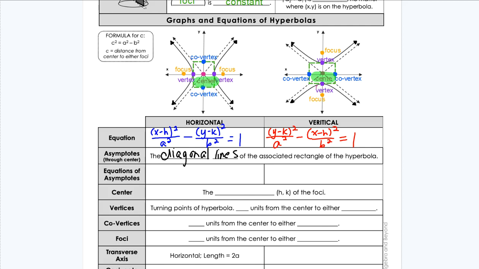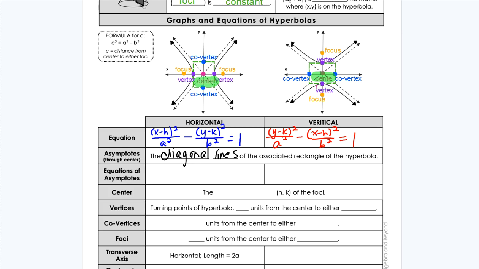When we draw the diagonals of those rectangles, we create asymptotes. Remember, asymptotes are lines that our graph will never cross. You can see how that creates that almost X shape of the curves of the hyperbola. Those asymptotes will always go through the center of our hyperbola.